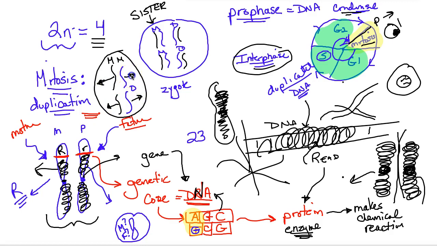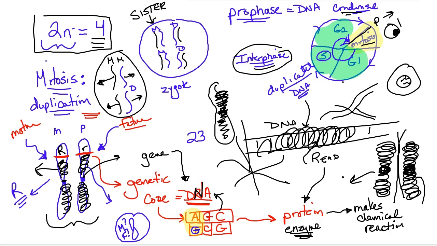The centromeres will be involved. And you're going to make an exact copy. One side's going to get a copy of the mother, the other gets the other copy, and you're going to wind up with the same. If I do this with all 4, it should be easy to see that you're going to make an exact copy. So in mitosis, because you're just making a duplicate, you have sister chromatids.